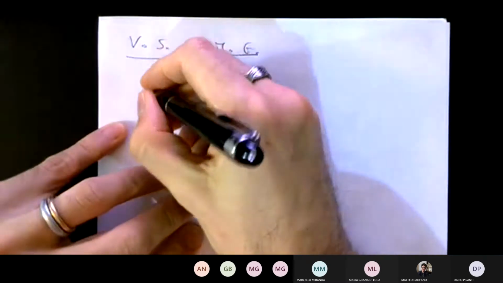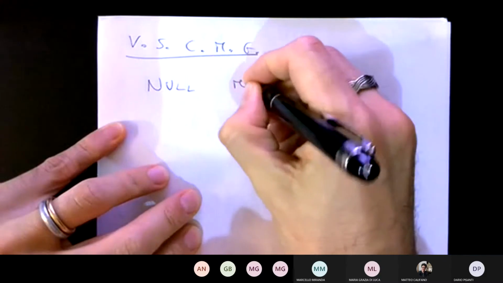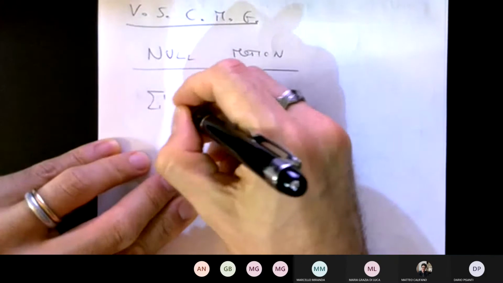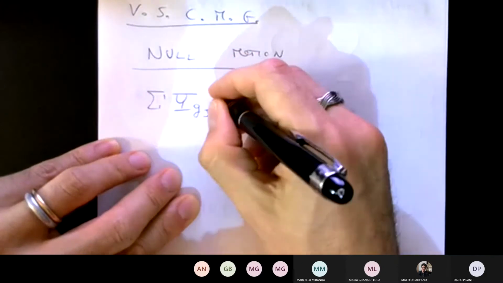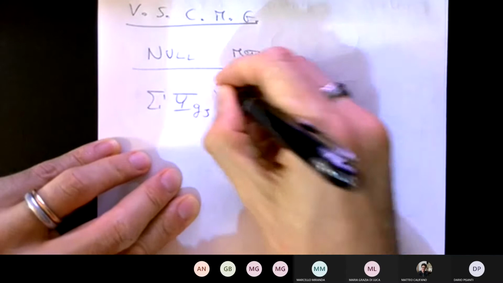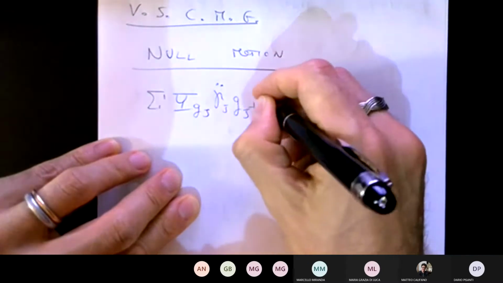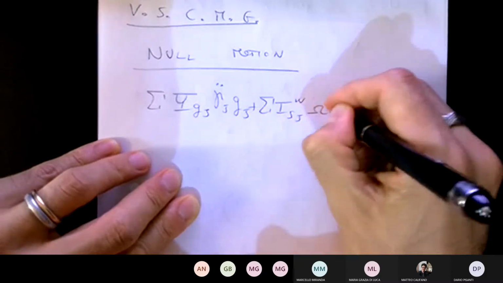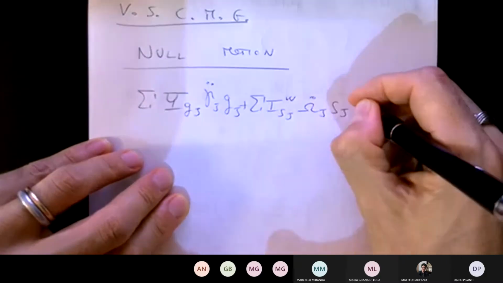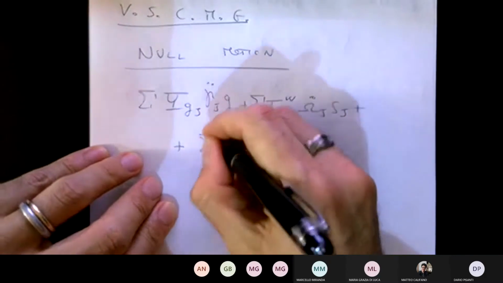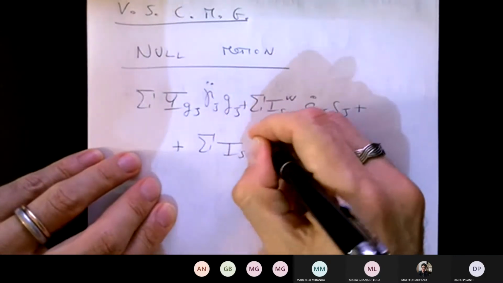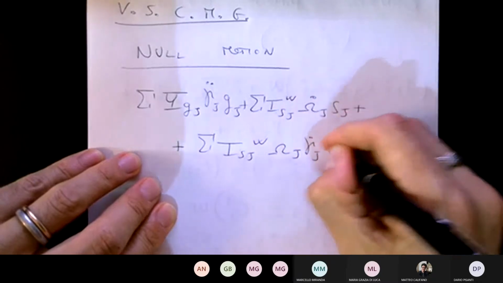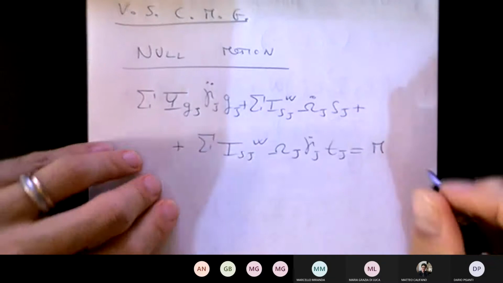The equations for the null motion are the following. You have summation of I_gj gamma_j double dot g_j, plus summation of I_sj omega_j gamma_j dot... plus summation of I_sj omega dot... omega_j gamma_j dot t_j equals external moments.